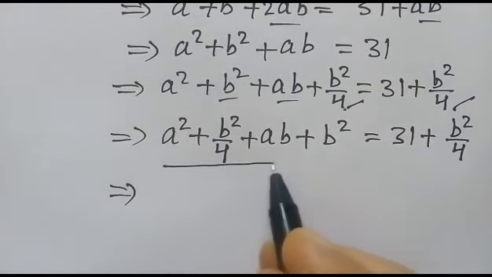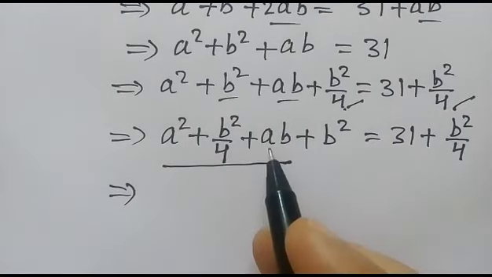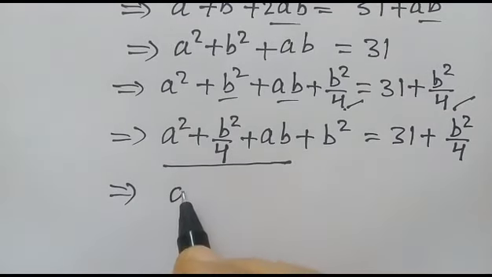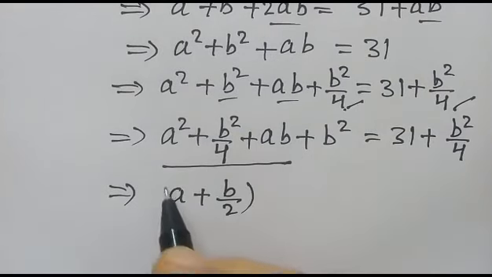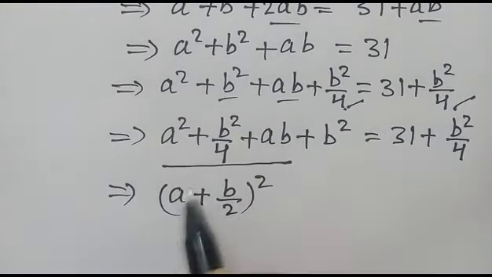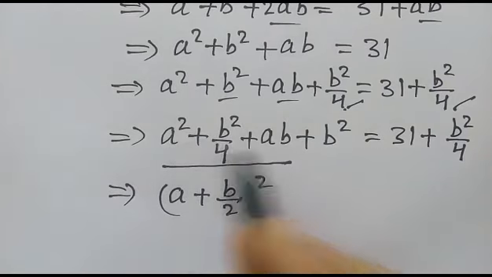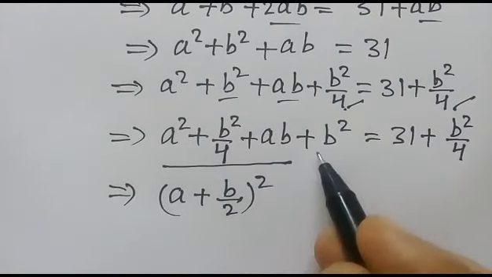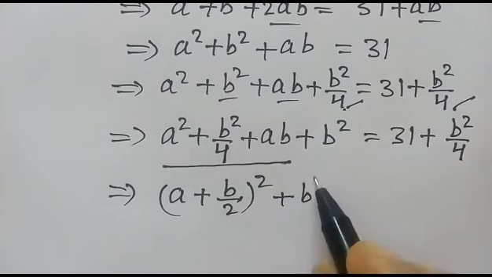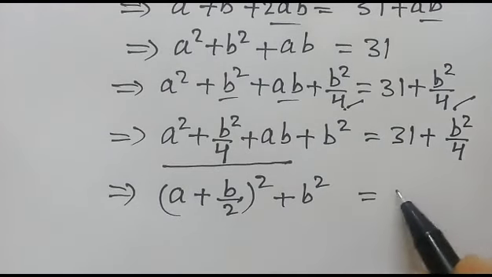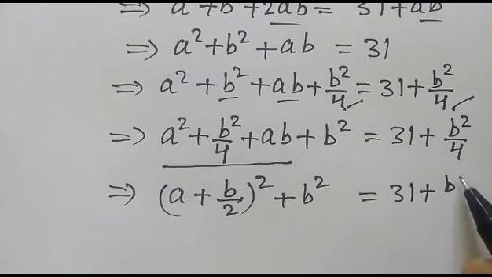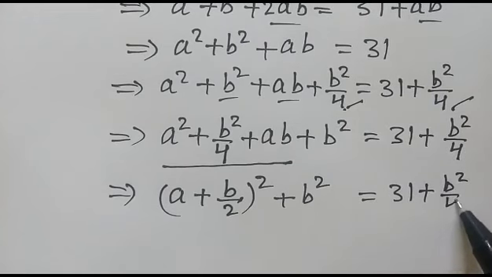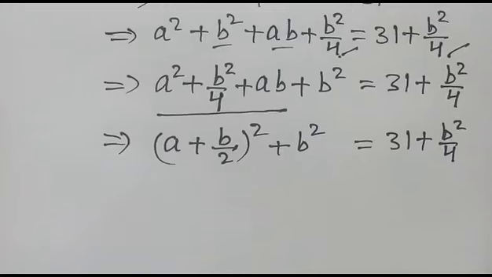Now we can write in place of these terms (a plus b over 2) whole square, because if we expand this, we get this plus b square, is equal to 31 plus b square over 4, right?